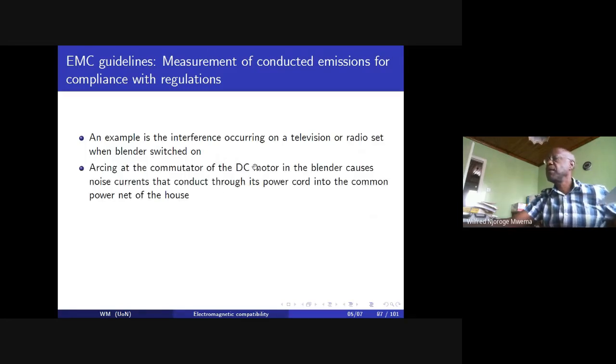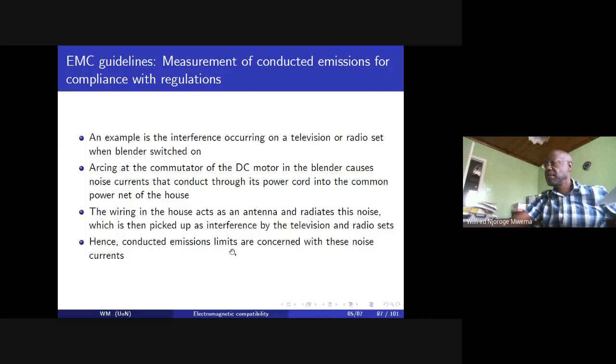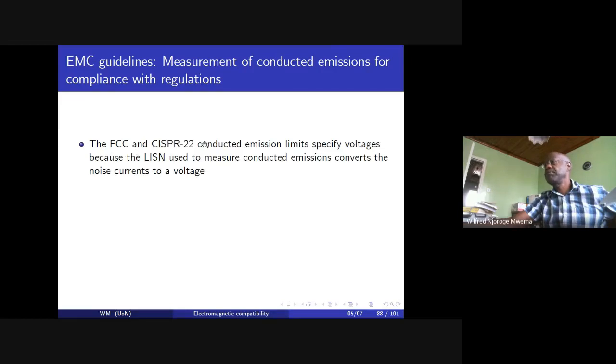So arcing at the commutator of the DC motor in the blender will cause noise currents that are conducted through the power cord to the common power net of the house, and the wiring in the house will then act as an antenna and radiate this noise, which is then picked up as interference by the television and radio antennas. Hence, conducted emissions limits are concerned with these noise currents. So the FCC and the CISPR 22 conducted emission limits will specify voltages because the LISN that is used to measure will convert all the noise currents into a voltage.